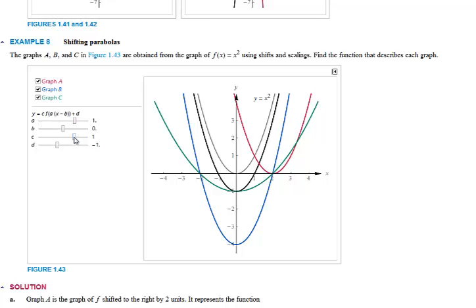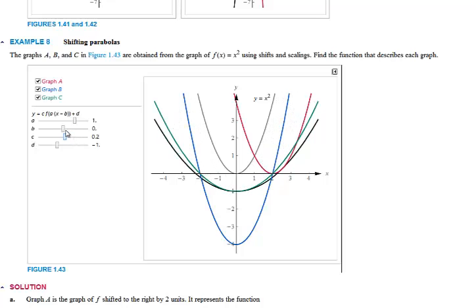I'm going to choose this C and see if I can make it match up. There he is. Okay, got him. So now C is 0.25 and D is -1, so I'll go write that down.